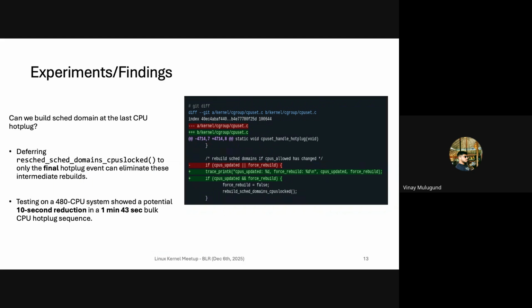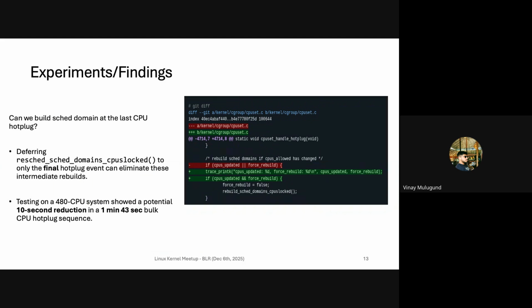So how much time could we save? This was just a hacky thing that we did on a whim, and we found that on a 480-CPU system, just not rebuilding these sched domains every single time would reduce the time taken to perform the SMT switch operation from 1 minute 43 seconds to 1 minute 30 seconds. So 10 seconds, we say.